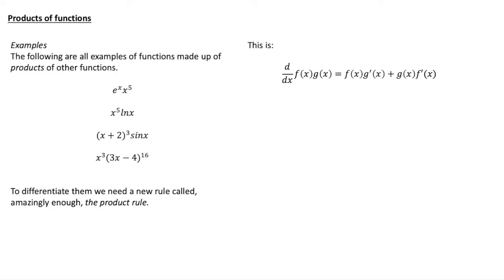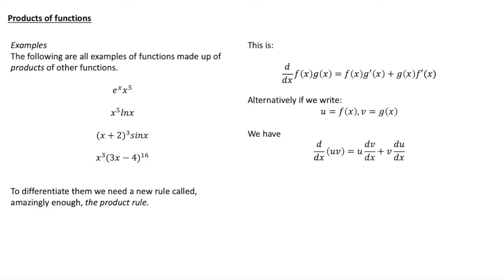There is an alternative way of writing it: if we let f of x be called the function u and g of x be the function v, then d by dx of uv is u dv dx plus v du dx.